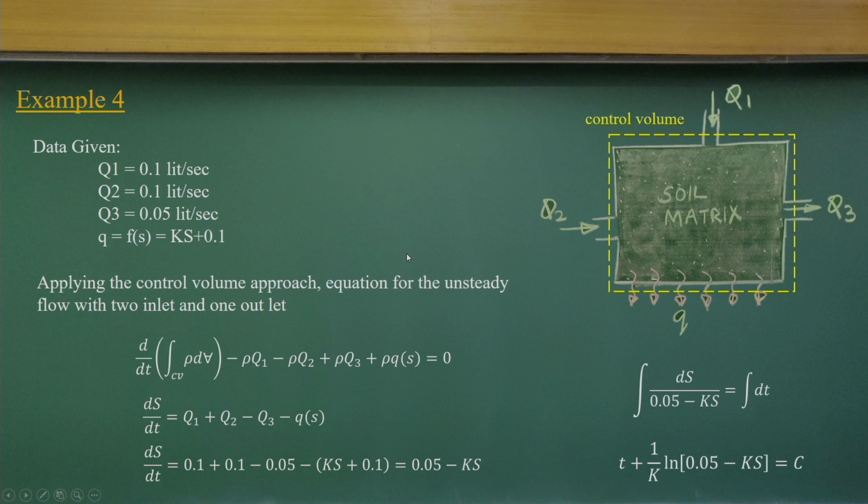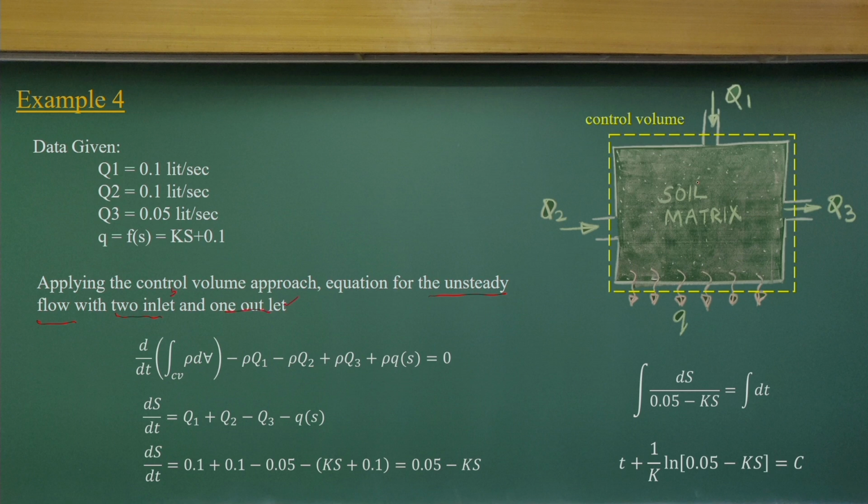Now I have simplified the problem, and I have to apply the basic mass conservation equation under this control volume. It is an unsteady equation with 2 inlets and 1 outlet.